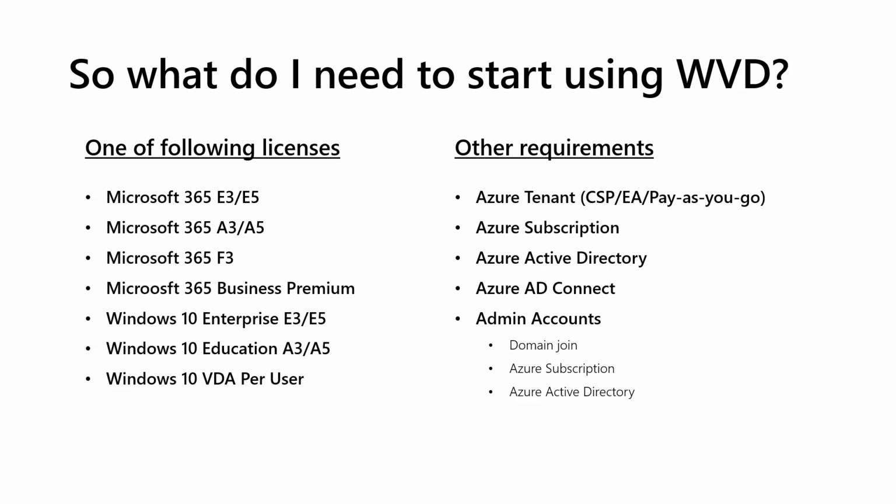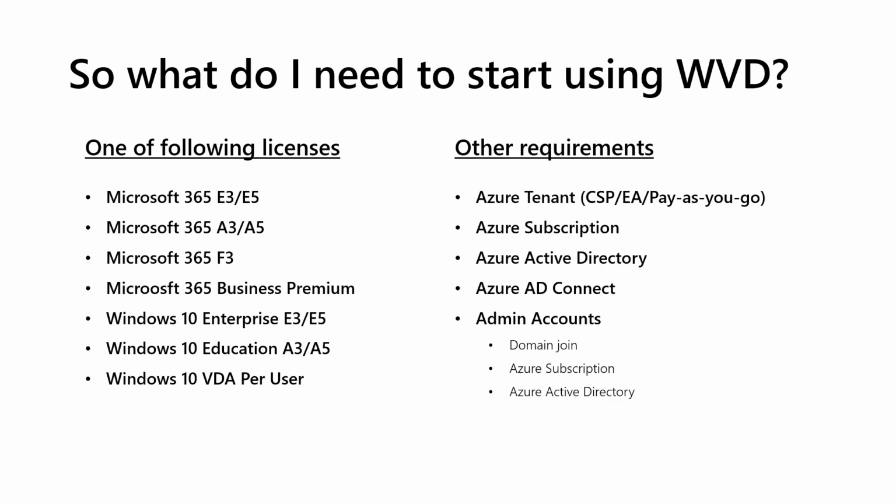So what do we need to have in place to actually start using Windows Virtual Desktop? Of course, we need to have the required licenses, either Microsoft 365 or Windows 10. Or if we want to use Windows Server, we need to have Windows Server RDS licenses. We need to have access to an Azure tenant, either a subscription using CSP or enterprise agreement, or the pay-as-you-go model.